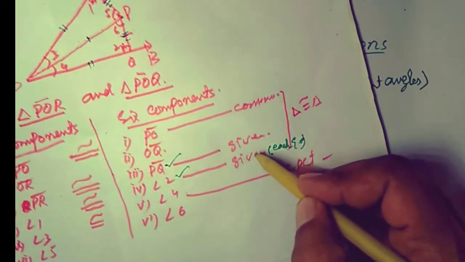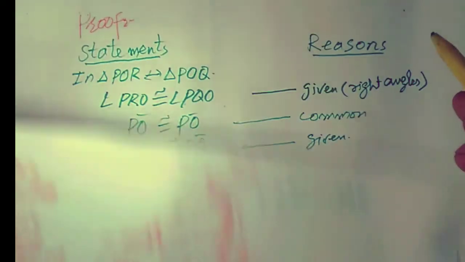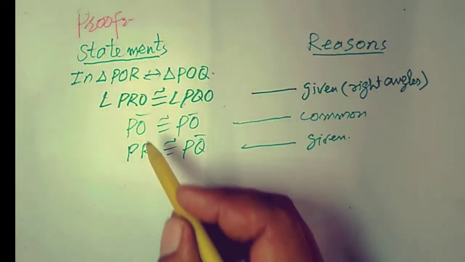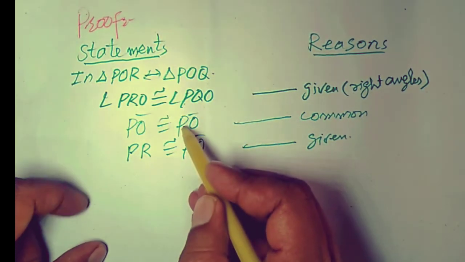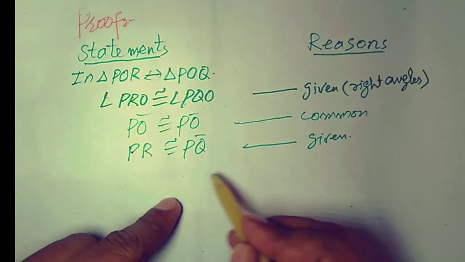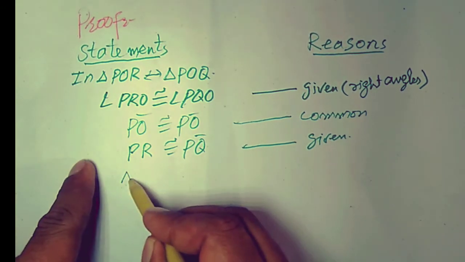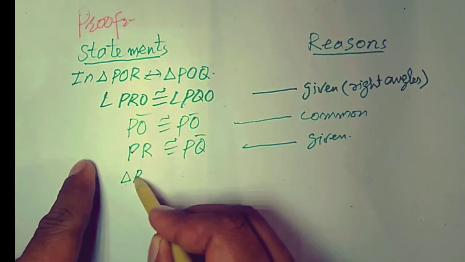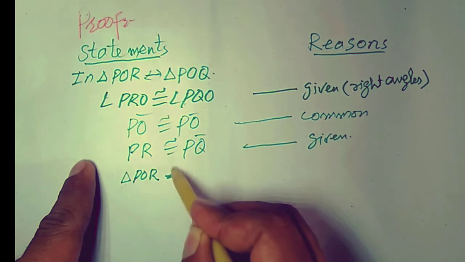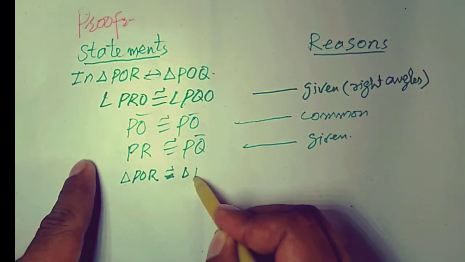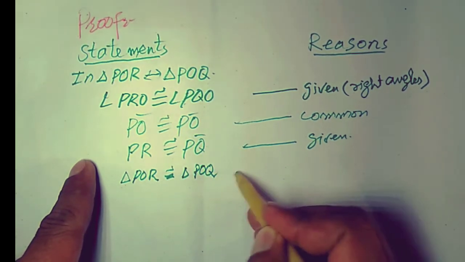Then these three pairs make the two triangles congruent: angle, side, angle. Triangle POR congruent triangle POQ.